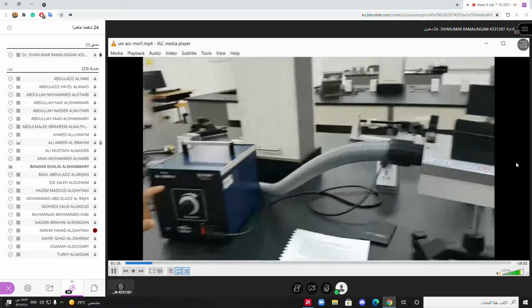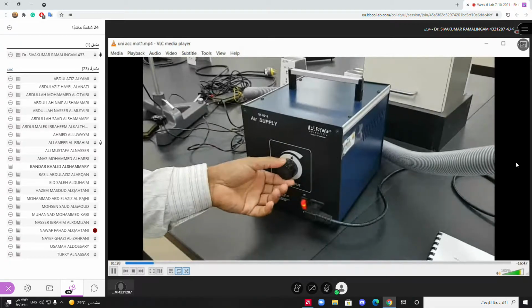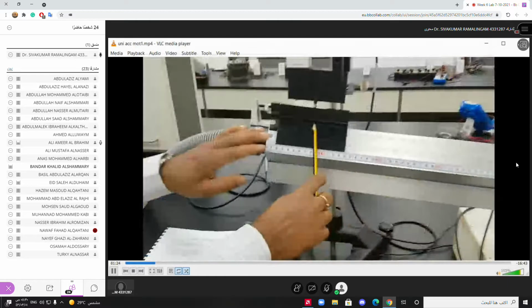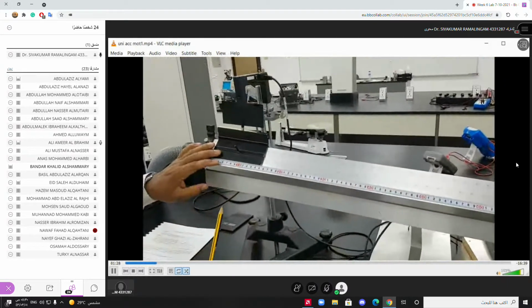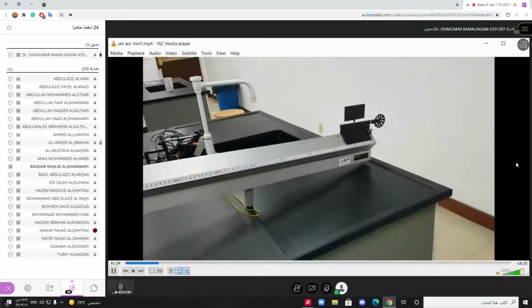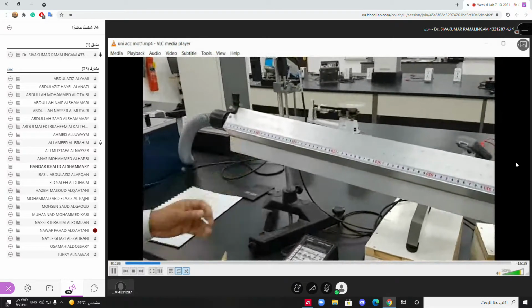I have the air compressor. The air compressor compresses the air, which flows through the small holes. Now the friction is reduced. See, the glider is moving freely due to gravity.